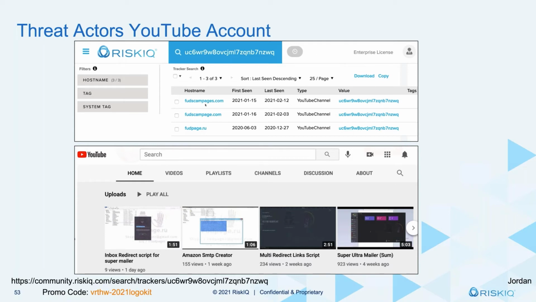There's more of this later on, but it's one of the things about PassiveTotal that I really like to use a lot, these trackers. I don't think we have any Google Analytics account IDs in this one, but that's another great one for tying together a lot of different infrastructure, because Google Analytics accounts are used by some actors for tracking stuff going on their websites.